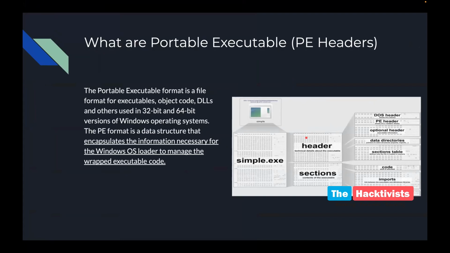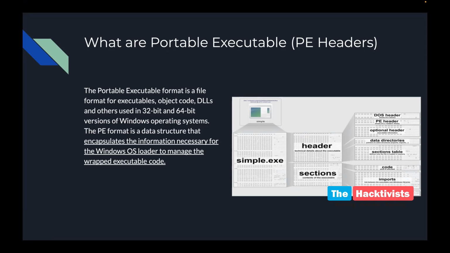Whenever our operating system is trying to execute that particular file, it will first validate what the PE headers are, what the portable executable headers are, and what information is in them. Whether it is the same architecture, whether it requires DLL files which are actually available in the operating system, whether it requires some permissions which can be given to that application.